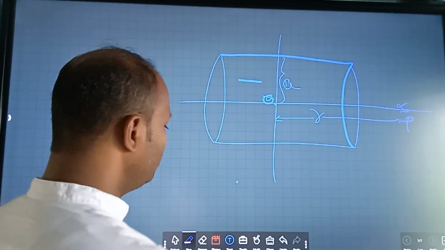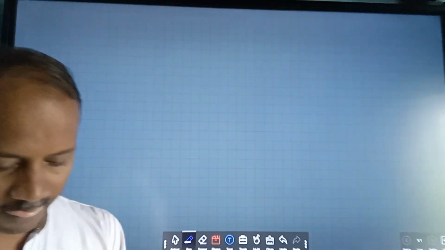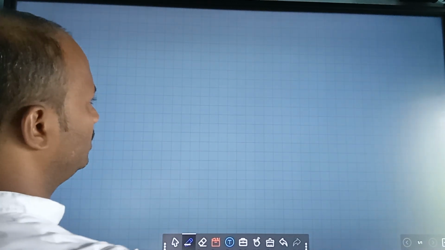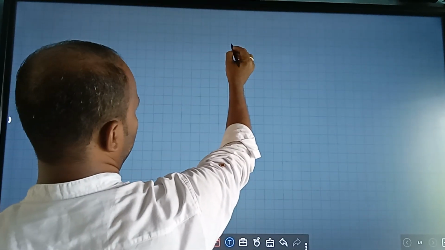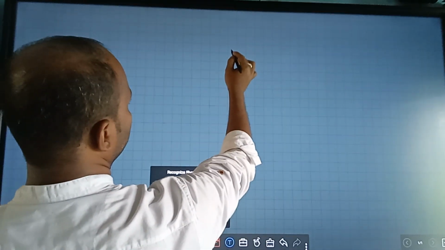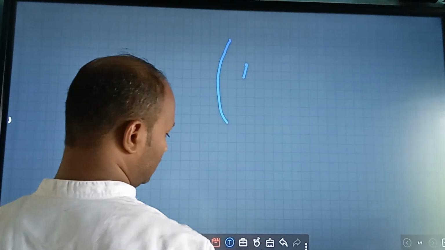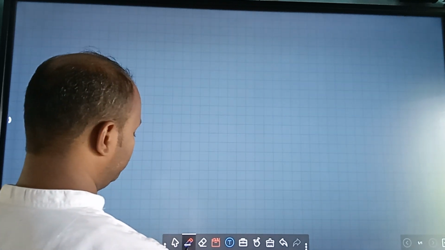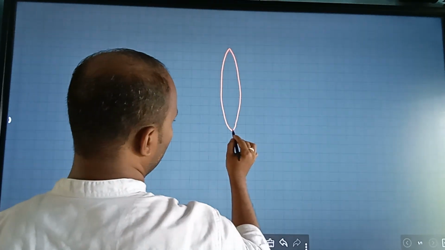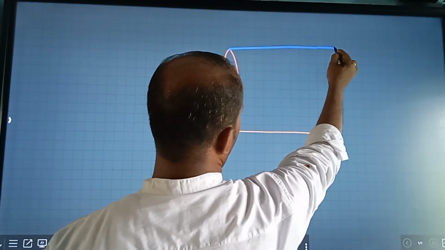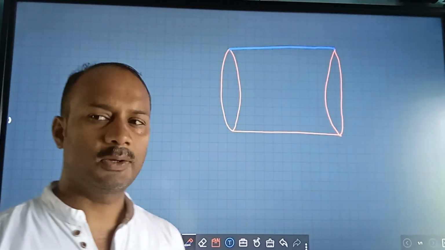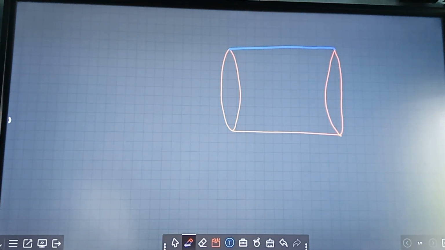Now we are going to start clearly. Let us consider a solenoid first. This is the circular solenoid.